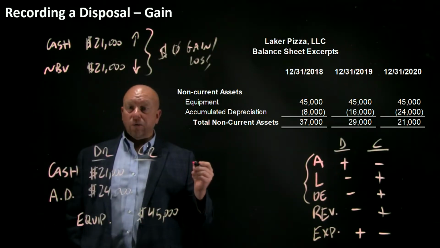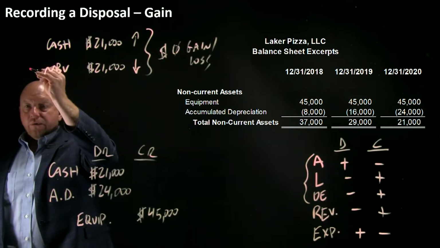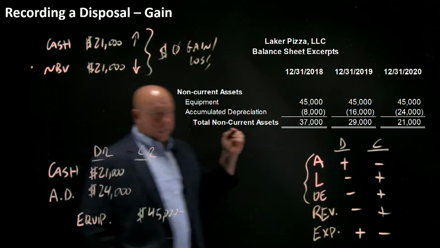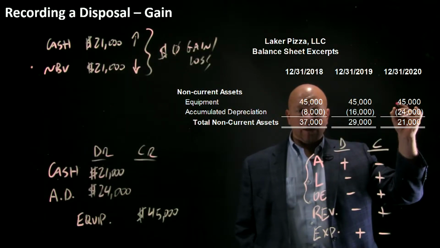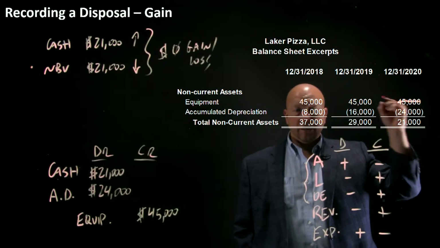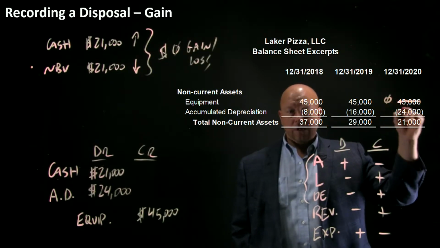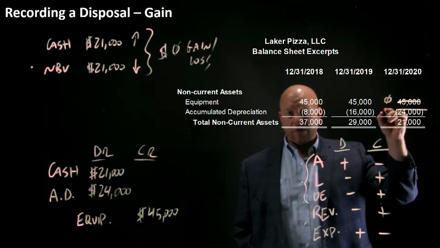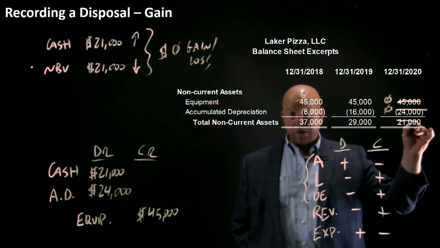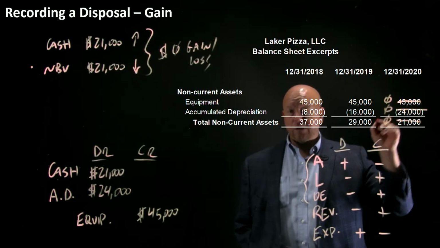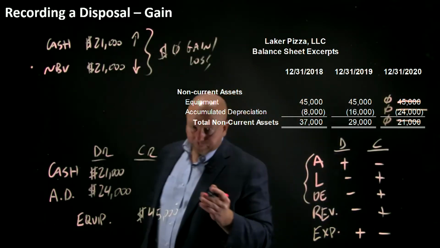Now, we're still getting rid of the net book value of this oven. At the end of this transaction, we still want our equipment account to have a zero balance. We still want the accumulated depreciation account to have a zero balance, and that will produce zero net book value, at least for this one particular asset.